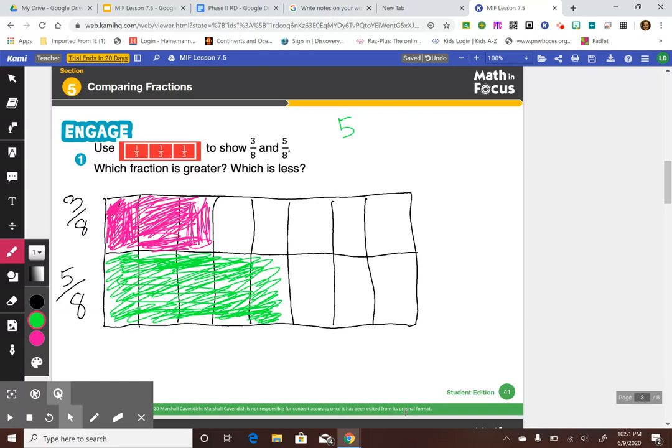I can write 5/8 is greater than 3/8, or I can write 3/8 is less than 5/8. So, boys and girls, this is a good strategy for using fraction strips to show 3/8 and 5/8 and figuring out which fraction is greater and which one is less.